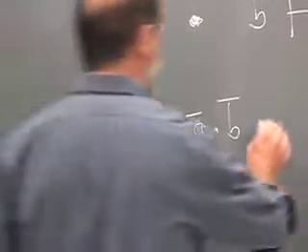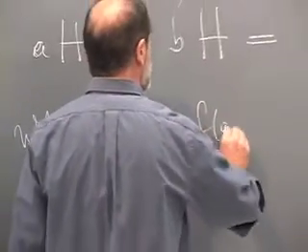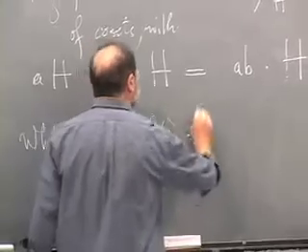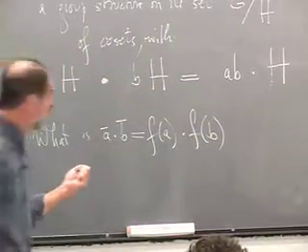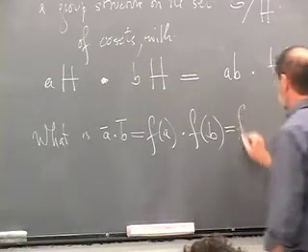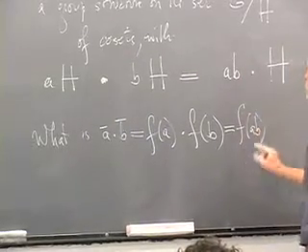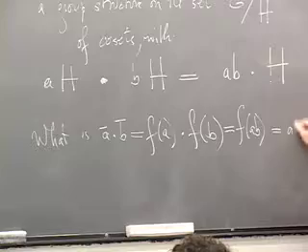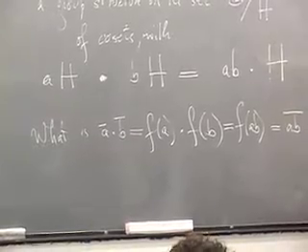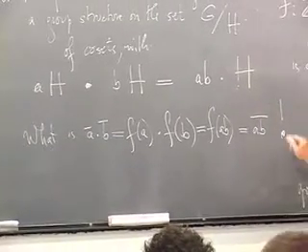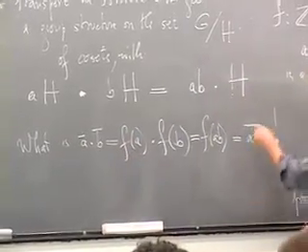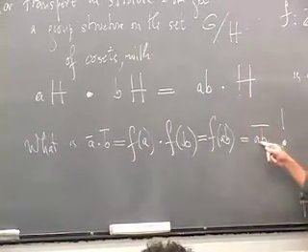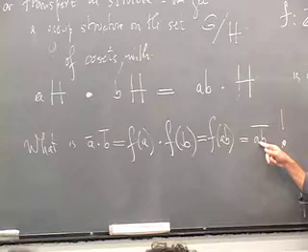Well, we figure this out by writing A bar as F of A and writing B bar as F of B, and then using the fact that F is a homomorphism. And then this number is just what we would call AB bar. So the product of the image element A bar by the image element B bar is the bar of AB, where this multiplication takes place in G.